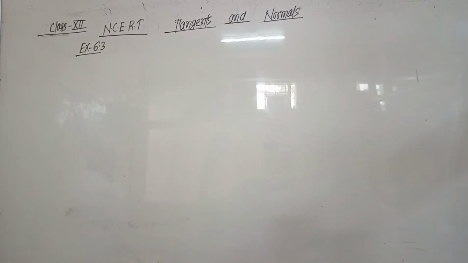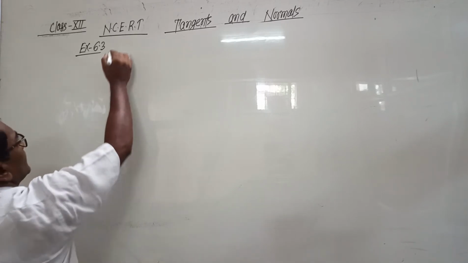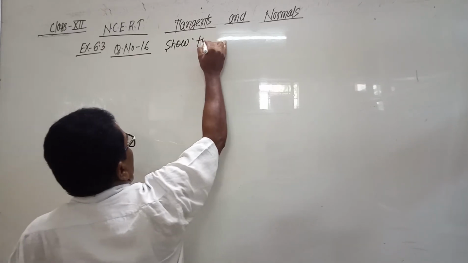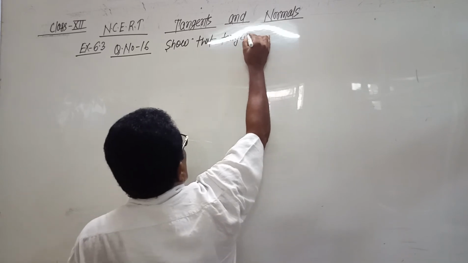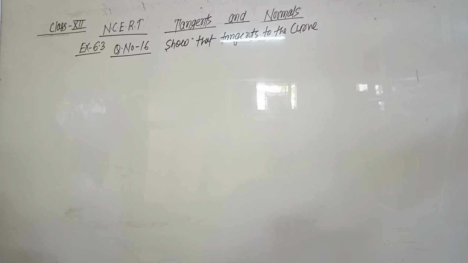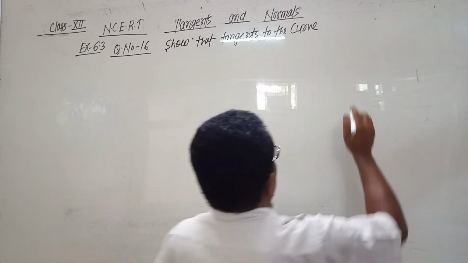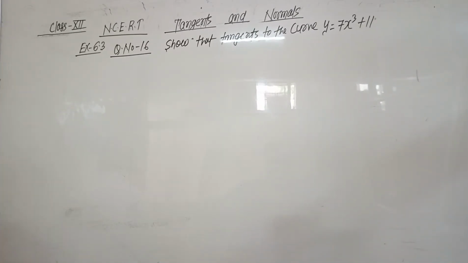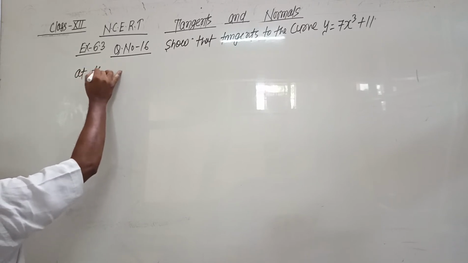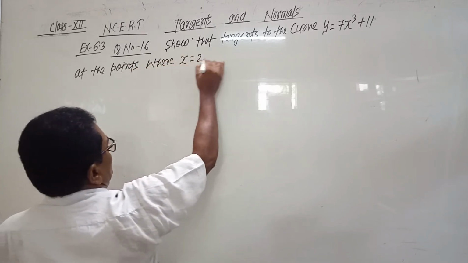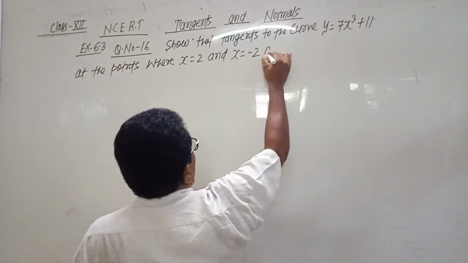Question number 16. Show that the tangents to the curve y equals 7x cube plus 11 at the points where x equals 2 and x equals minus 2 are parallel.